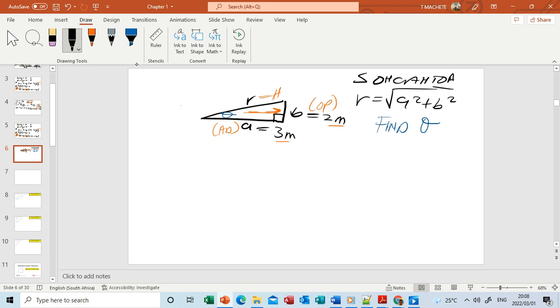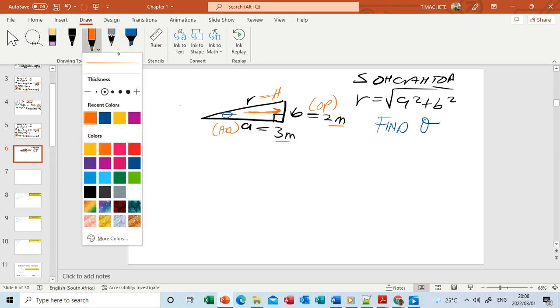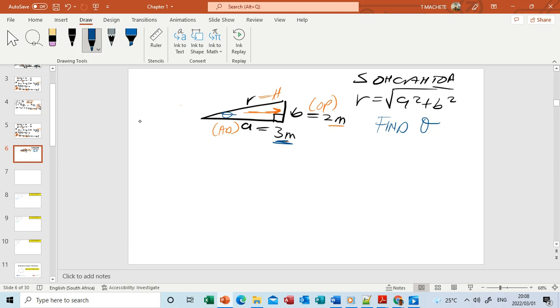So we're gonna check the formula that has got the values that we are given. So we are given the adjacent and the opposite. Adjacent and opposite. So we're gonna write that formula down.